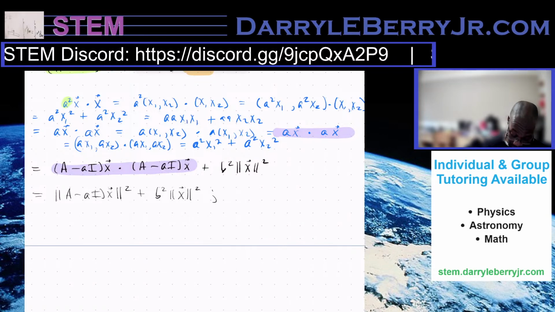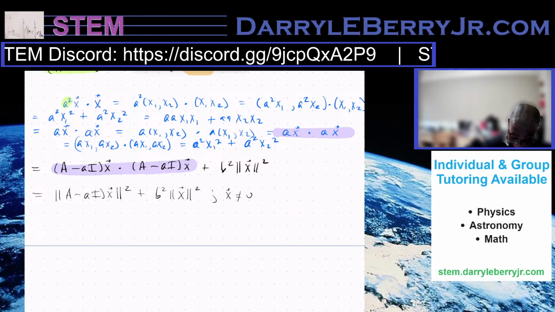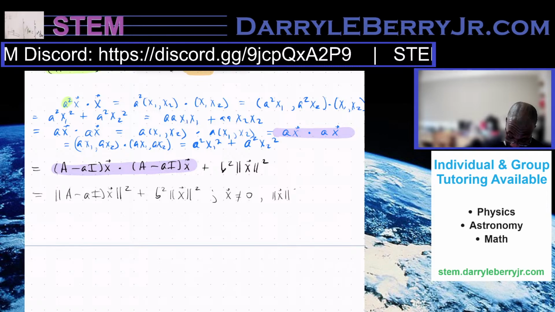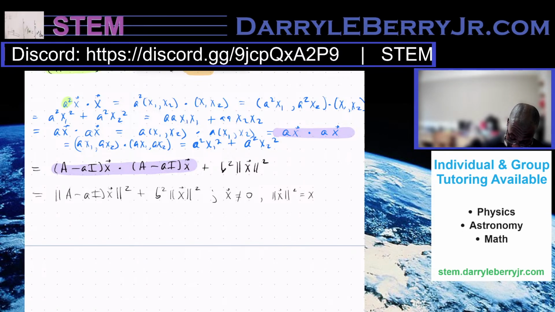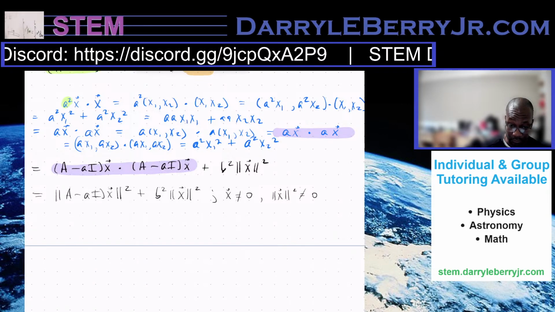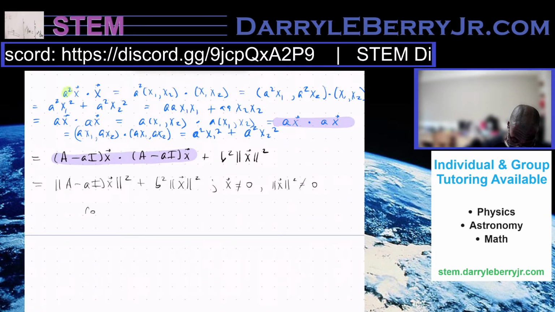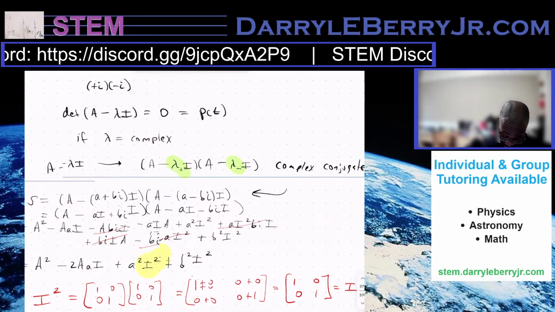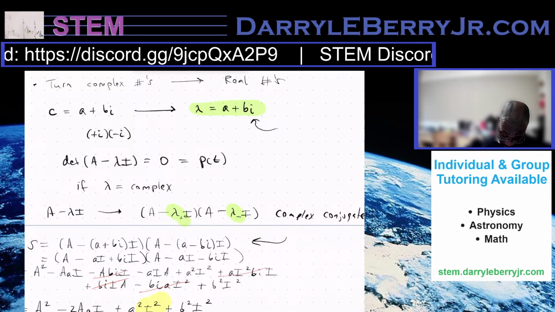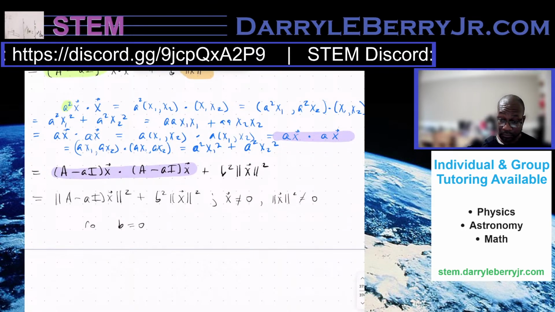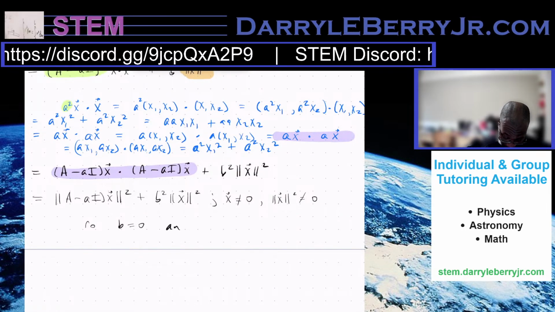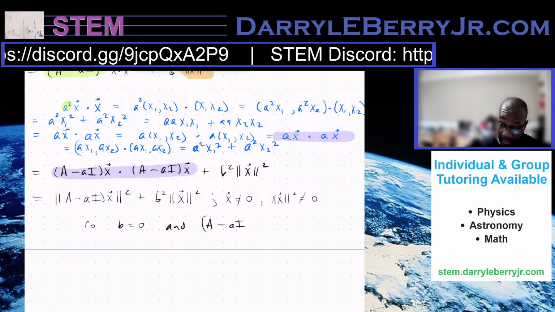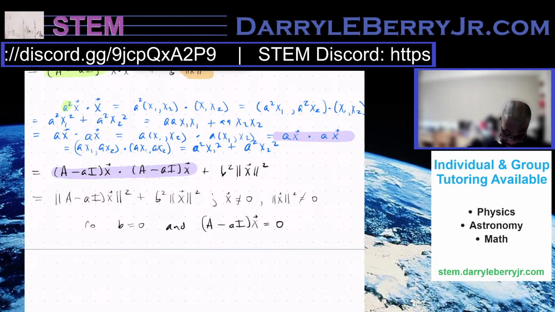So x does not equal zero. Therefore, the magnitude of x squared does not equal zero. So b equals zero, which was the part that made the number imaginary. And (a minus ai)x equals zero.